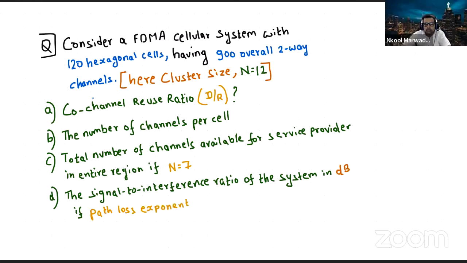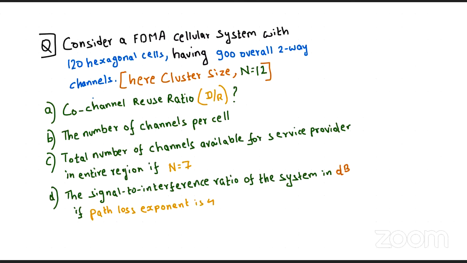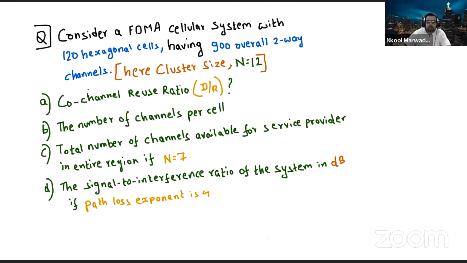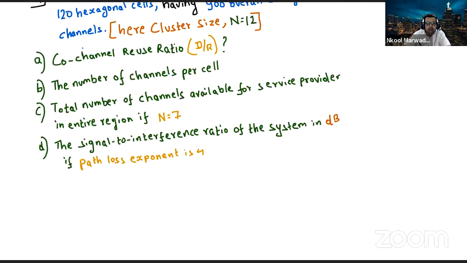Can you give me an idea how you will solve this? A part, D by R is directly the formula root 3N. So capital N we know, so the A part we can do very easily. Let us do that.